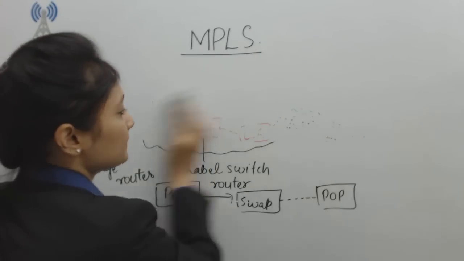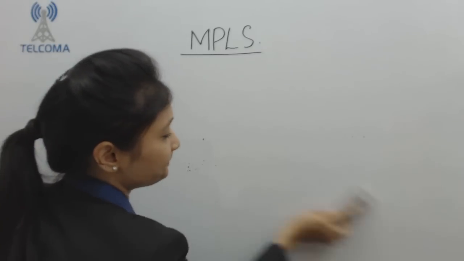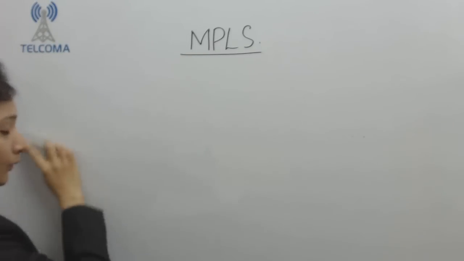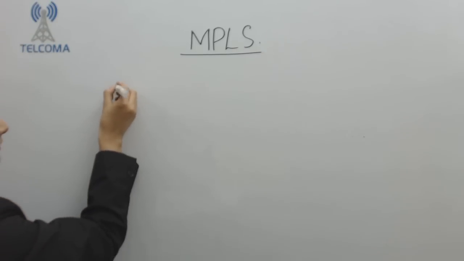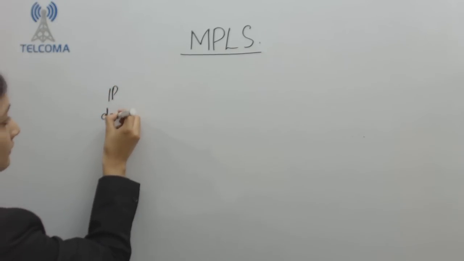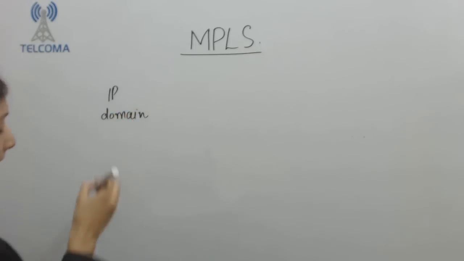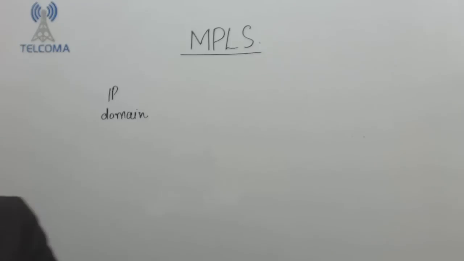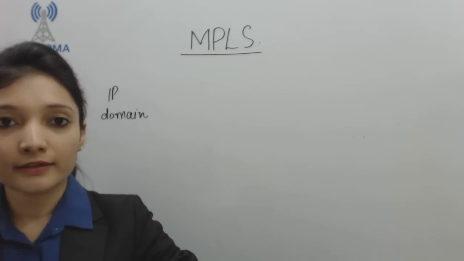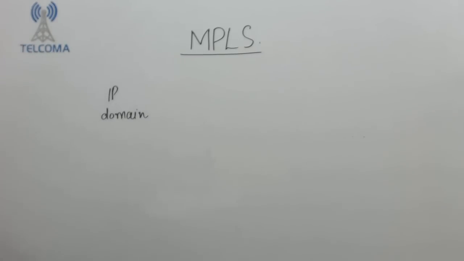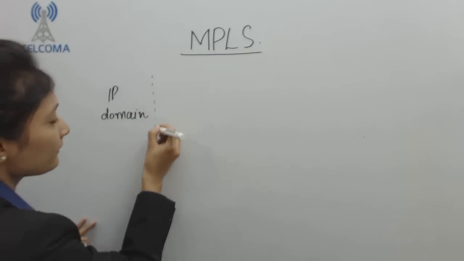So we can see this example in another way also. For example, this is the IP domain here. Now, before entering the MPLS domain, the packet should have that header also. So, how will that be done?